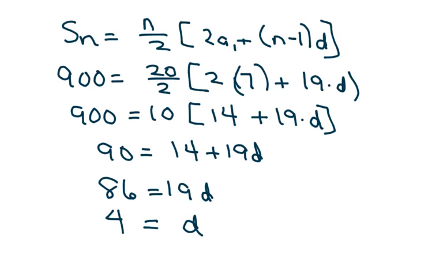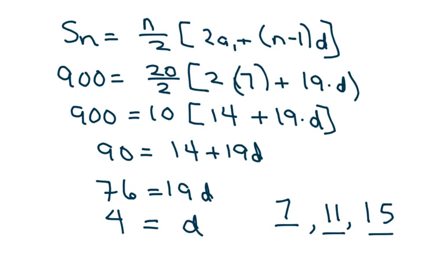Okay? It's not 86, by the way. This is 76. Thanks for telling me. 76. All right. So since d is 4, I know my first term is 7. My second term is going to be 11, and my third term is going to be 15.